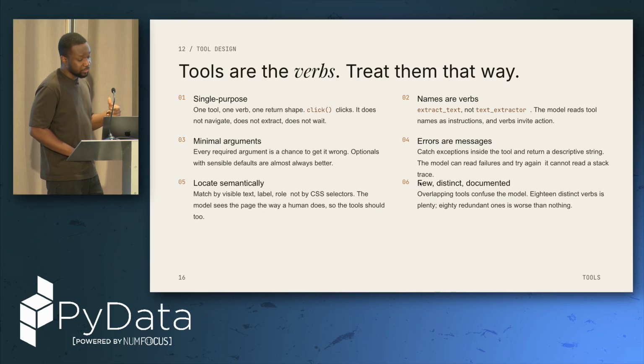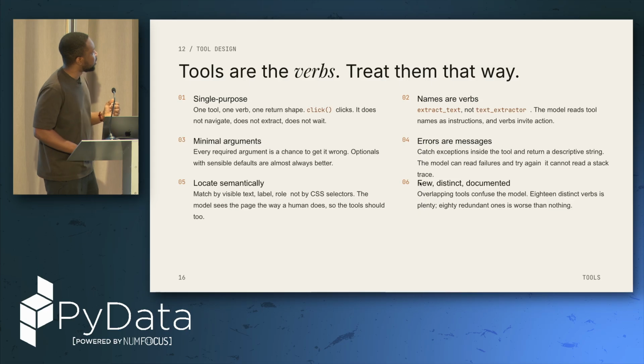They should be named as verbs, so things like extract text, not text extractor, so that the planner knows what each tool does and when to use the tool. They should have minimal arguments so that we are not passing too many arguments and the surface of failure is reduced.